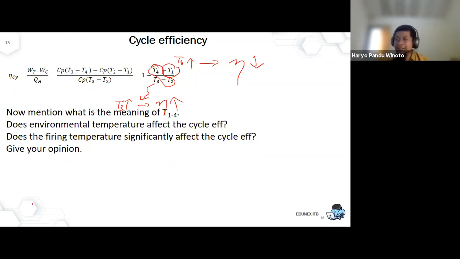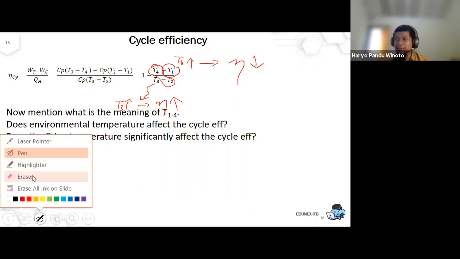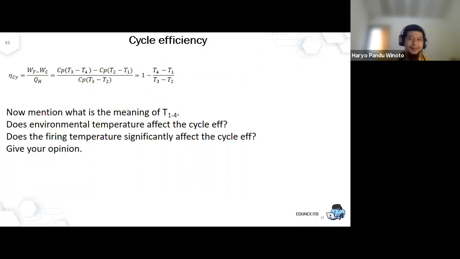Now I'm going to tell you a story. Back then, prior to my master study, I worked with Pak Aziz on the optimization of gas turbines.